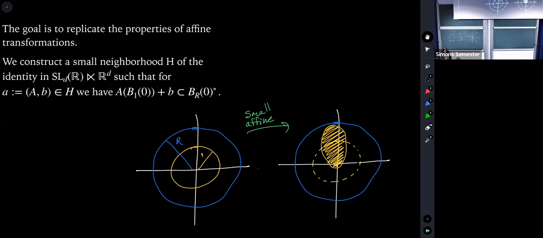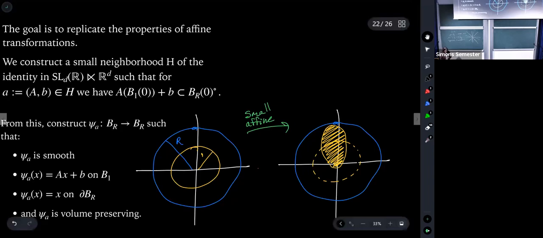Now, of course, the problem is if I put Ax plus b on any point in my ball and I move it, I'm not going to get a map of the ball of radius r. So I have to take this thing that I've moved through space and sort of move the rest of the mass of the ball back into place in a nice, smooth way without harming any of the properties that I want.